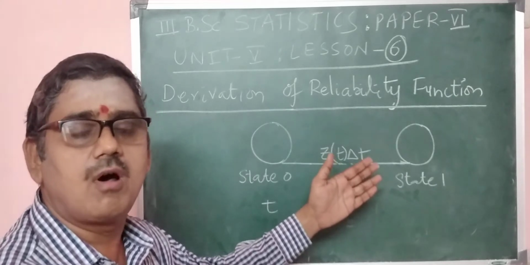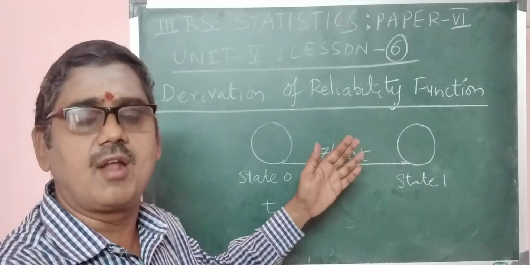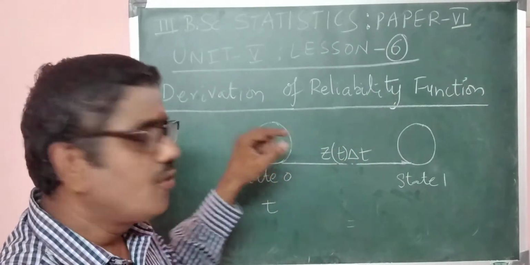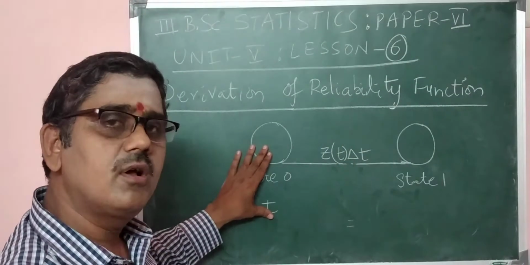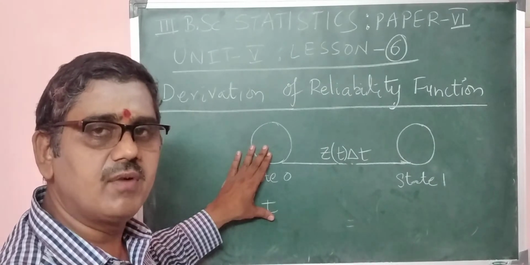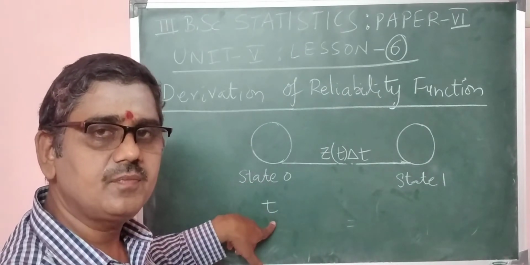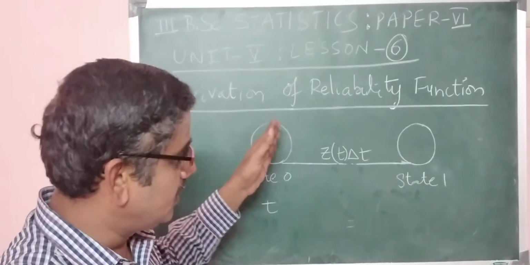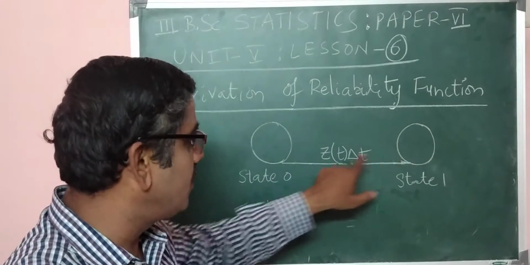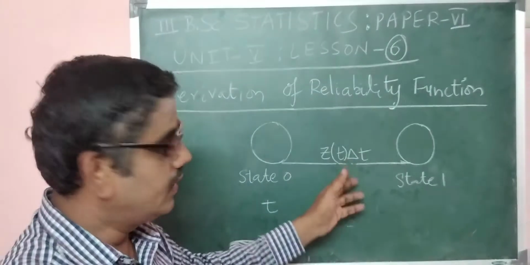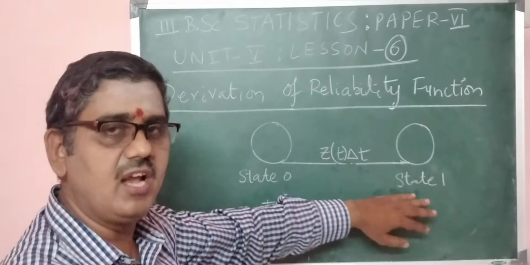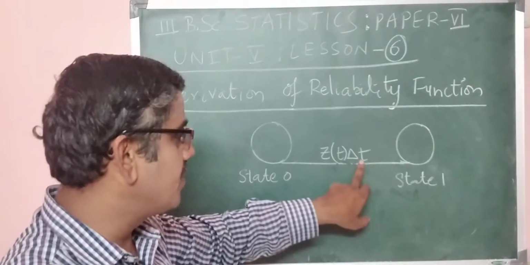Hope you understand. Are you able to follow this? So it is at state 0, which means survived up to the time period t, and then if it is not survived, the probability is this. It reached state 1, it failed in the time period delta t.